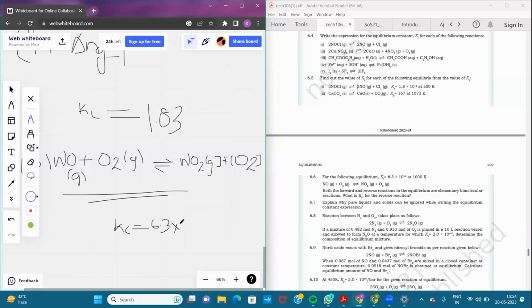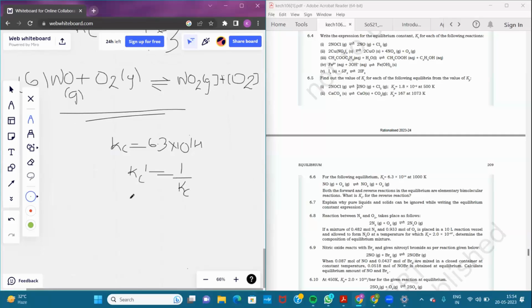For the reverse reaction, products and reactants would be interchanged. So the equilibrium constant for the reverse reaction, Kc dash, would be the reciprocal of the equilibrium constant Kc of the forward reaction. Therefore, we can directly substitute the value for Kc and get Kc dash as 0.3 into 10 power 14.